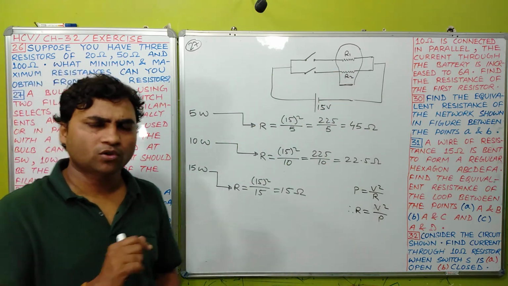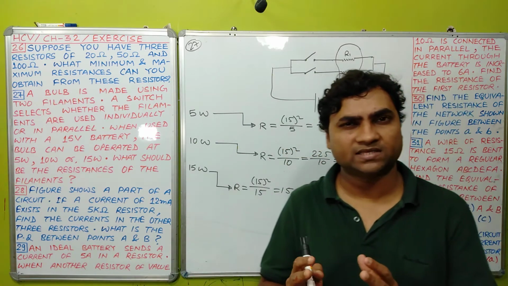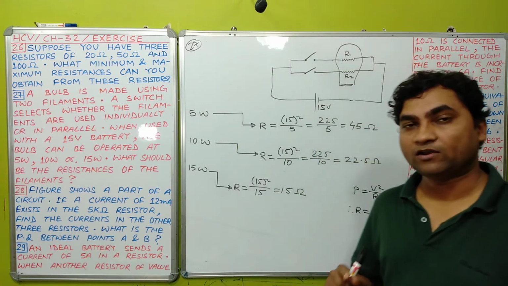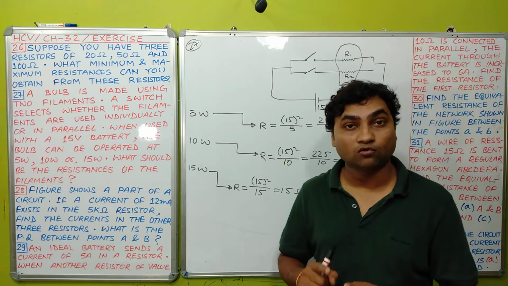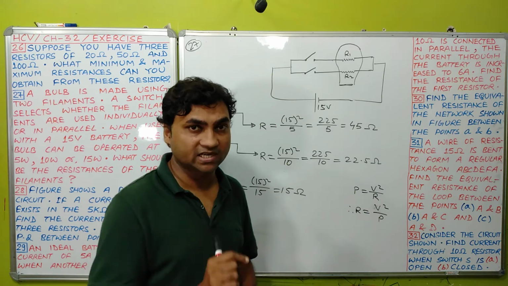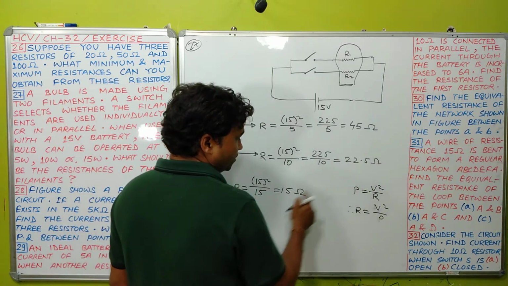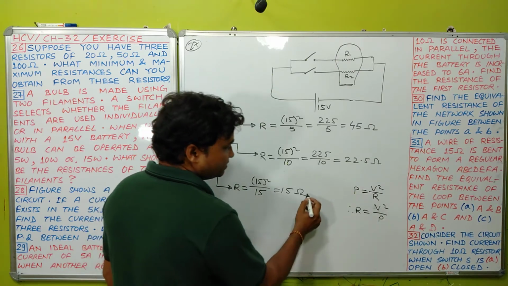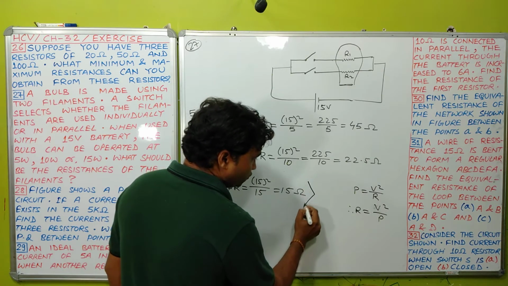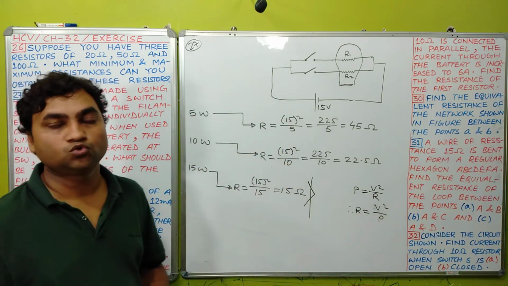We also know that in parallel condition the equivalent resistance is always less than the least individual value. And here the least value is 15 ohm.